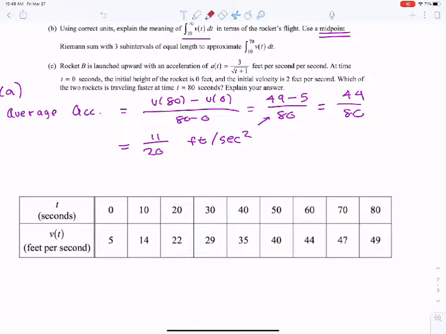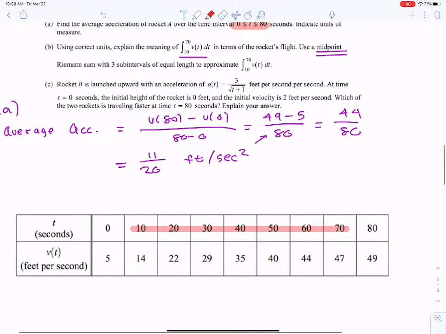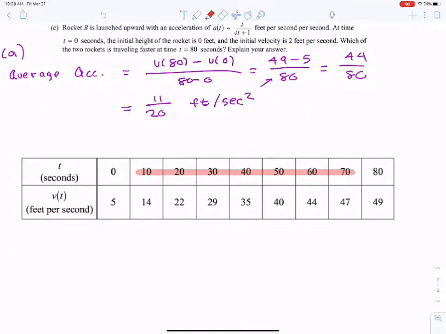So we are looking at that. We're going to use a Riemann sum to calculate that, and the sublengths are equal. I'm going to come up with 3 rectangles, and they're going to be evenly divided.